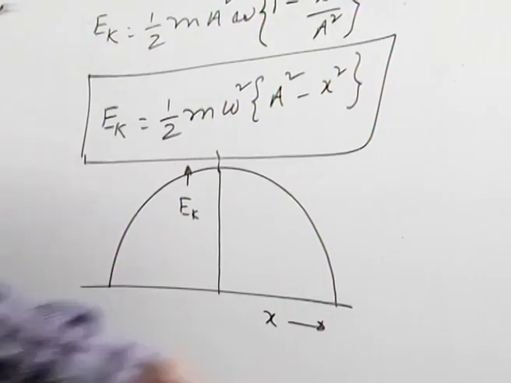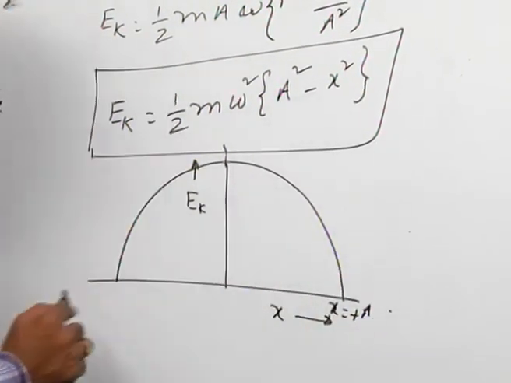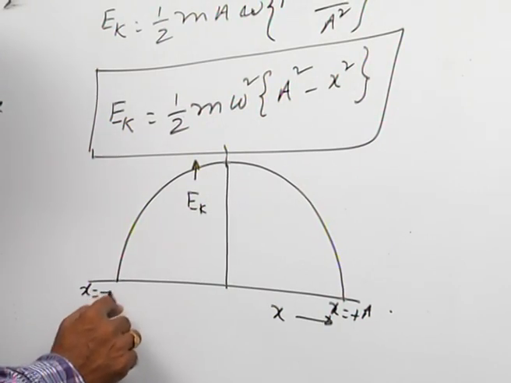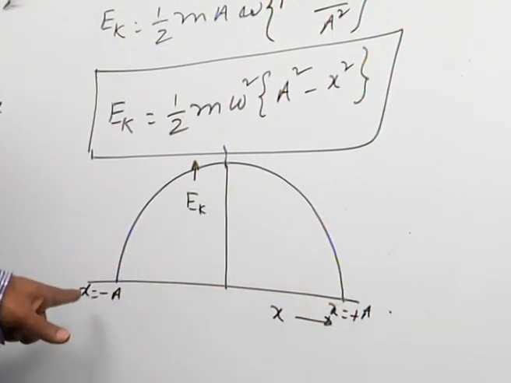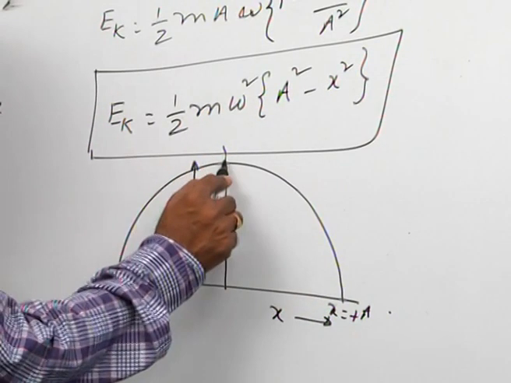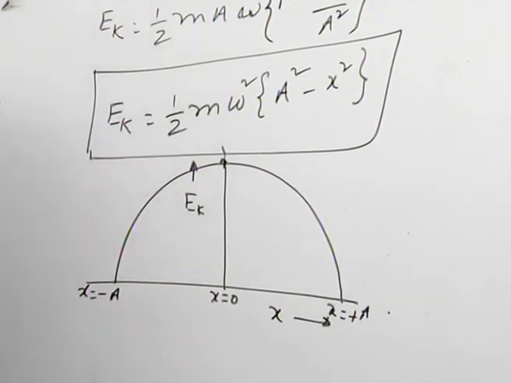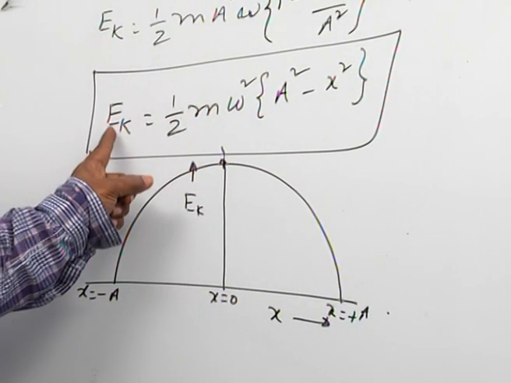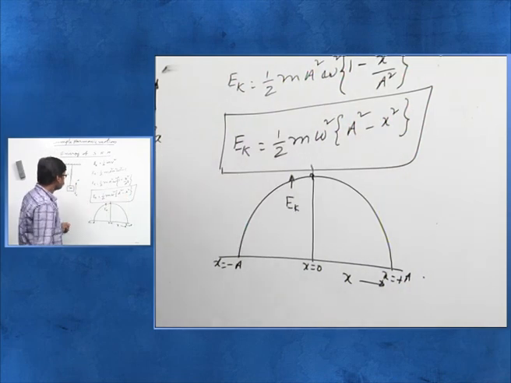At extreme positions, that is when x is equal to either plus a or minus a, the kinetic energy is 0 since velocity is 0, and kinetic energy is maximum at the mean position, x is equal to 0. Okay. So, kinetic energy is a function of x square with a parabola graph.